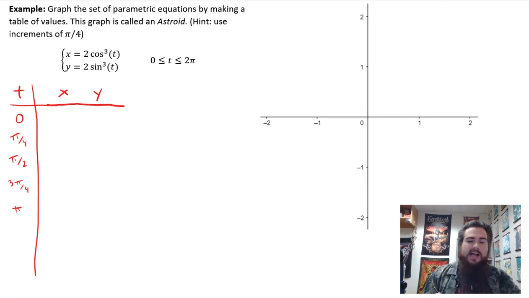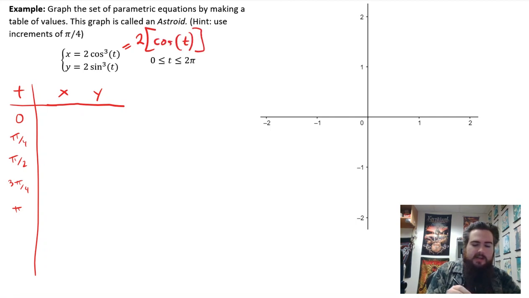Recall that when you have an exponent on a function like this, it would be read as 2 times cosine of t, and that cosine of t is taken to the third power. So if I plug in 0 for t, I'm really doing cosine of 0, taking that to the third power, and then multiplying it by 2.